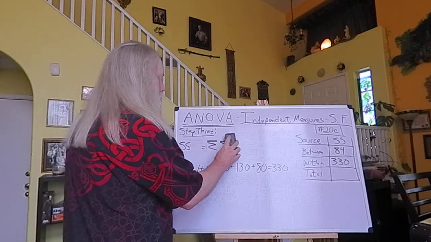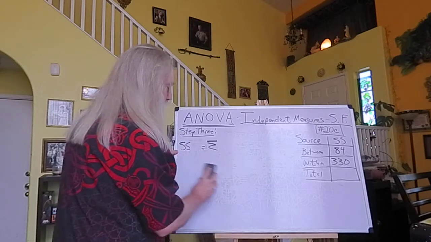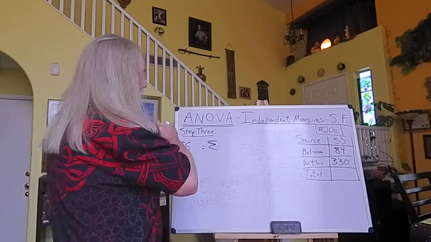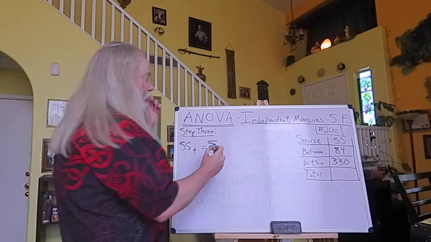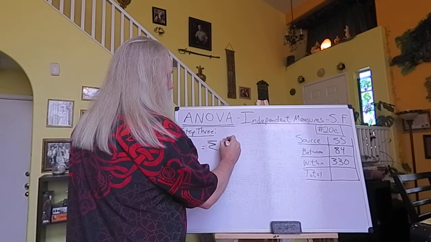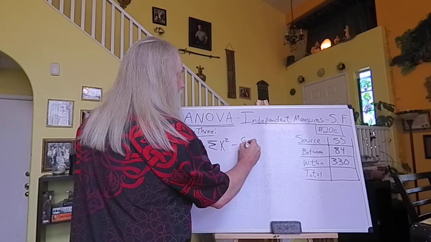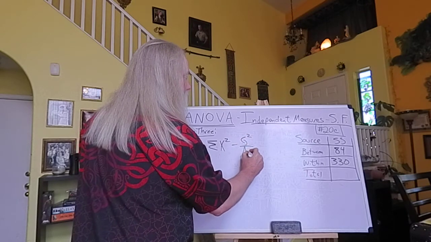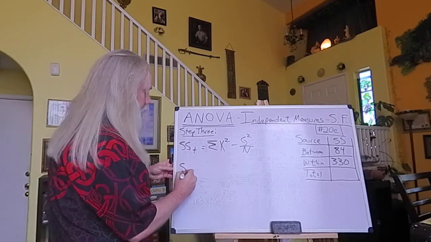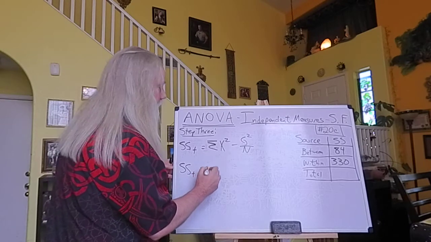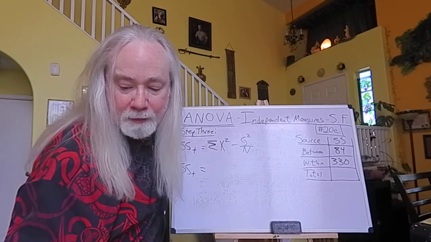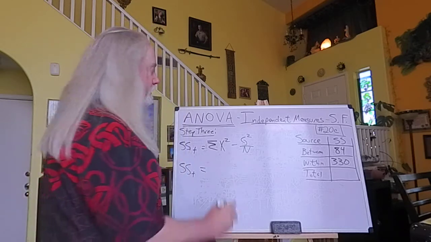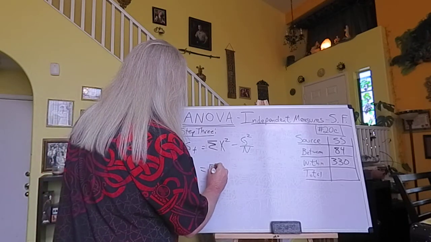So, our sums of squares for the total study we know is the summation of raw scores squared minus G squared over capital N. The summation of all the squared raw scores has been given to us in the problem. The problem tells us it's 576.